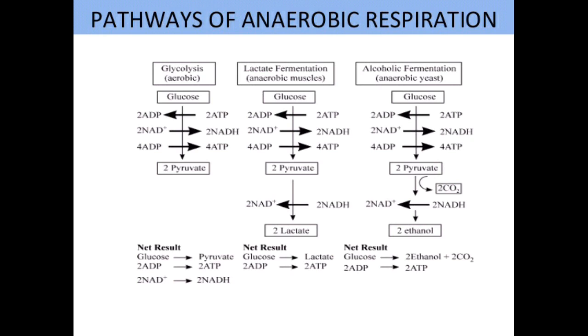Then alcoholic fermentation, as in the case of yeast, there also 2 pyruvic acid is formed. Then in the case of muscle cells, pyruvic acid releases lactic acid, and in the case of yeast, that pyruvic acid finally forms 2 molecules of ethanol.